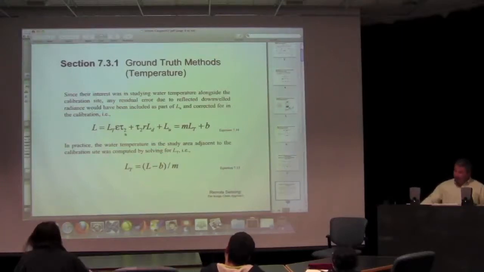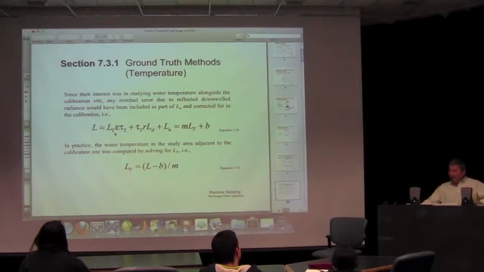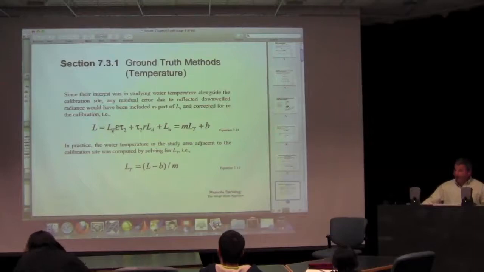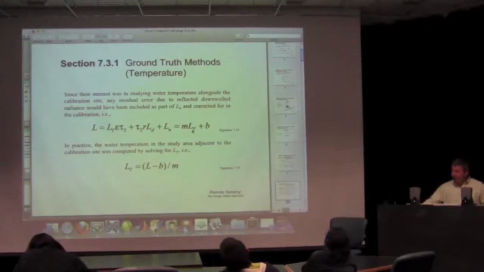This LT is different than this LT, because this LT is the sum of both the self-emitted radiance, epsilon times LT over here, plus R times LD, the reflected radiance. So this is the radiance leaving the target.